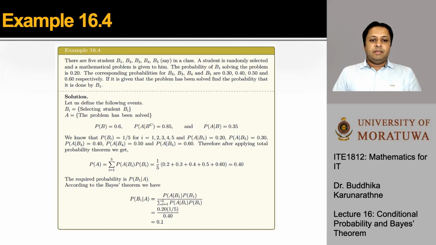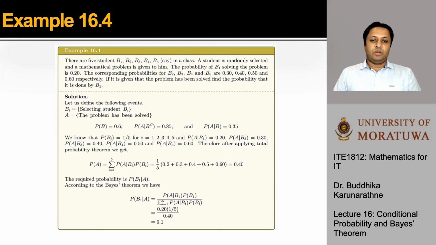To find P(A), you apply the total probability theorem, the summation of P(A given Bi) times P(Bi). You have all the values to substitute here, and when you do the calculation, you will arrive at 0.4 for P(A), which is the probability that the problem has been solved.